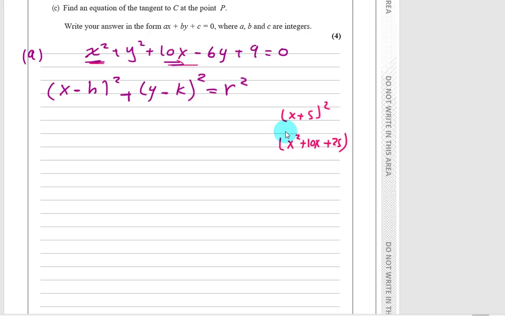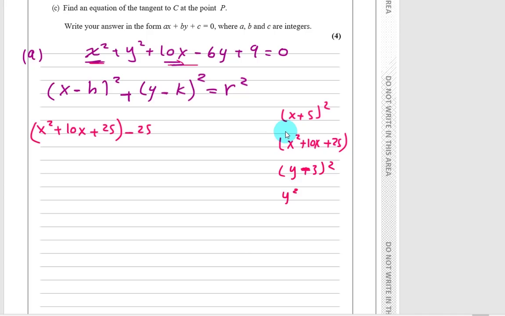So let me write now this equation. x squared plus 10x plus 25 minus 25. Y and 6y, 6 divided by 2 equals 3. So (y minus 3) squared, and I have minus, so this one will be minus.